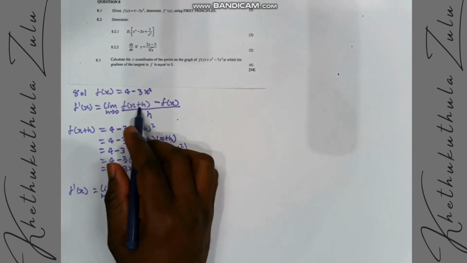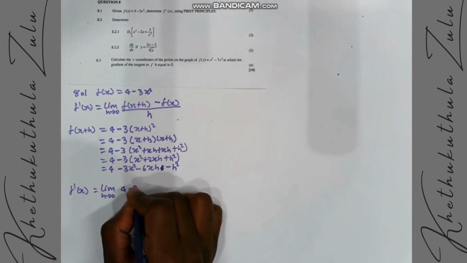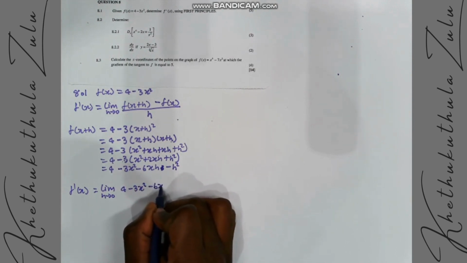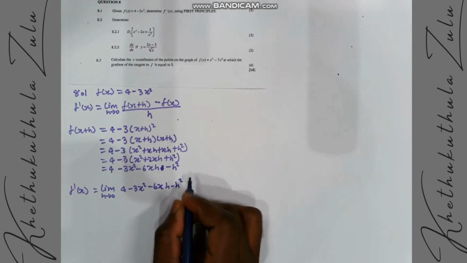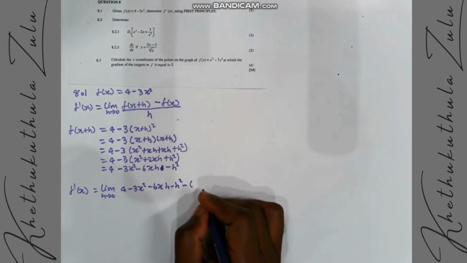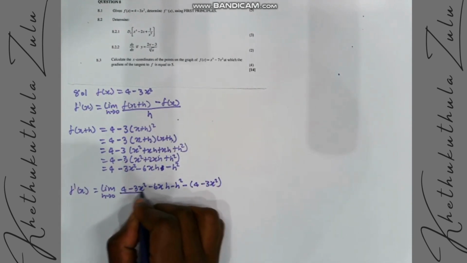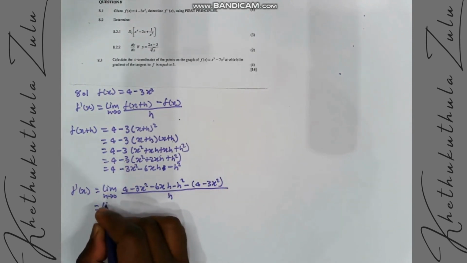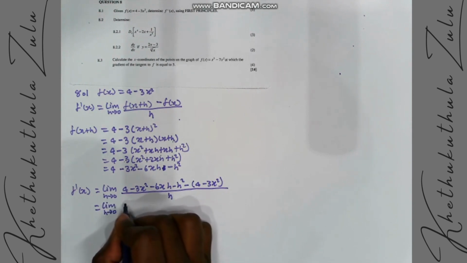Substitute our f(x plus h), which is 4 minus 3x squared minus 6xh minus 3h squared, and then minus f(x), which is 4 minus 3x squared, all over h, with the limit as h approaches 0.